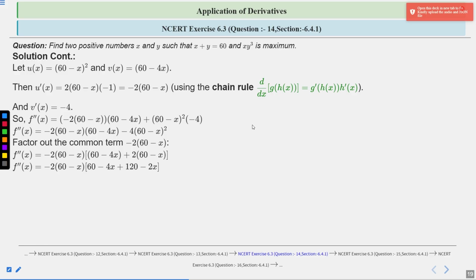So that is equal to minus of 2 (60 minus x) into (60 minus 4x plus 120 minus 2x). Hence f double dash x will be equal to minus of 2 (60 minus x) into (180 minus 6x). So f double dash x will be equal to minus of 12 (60 minus x) into (30 minus x), right?